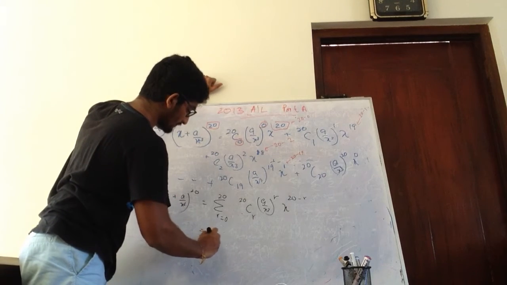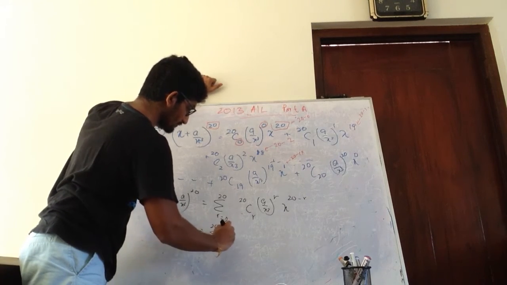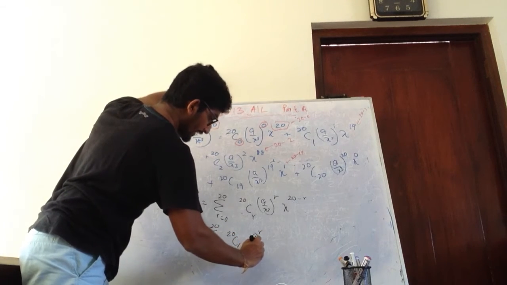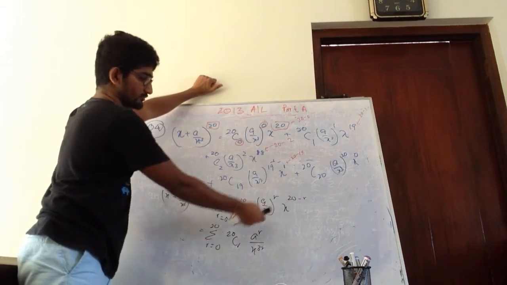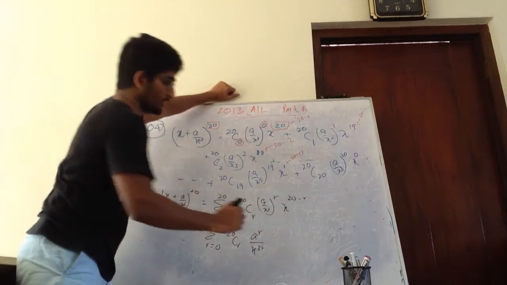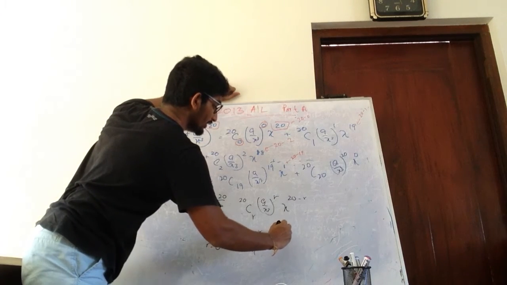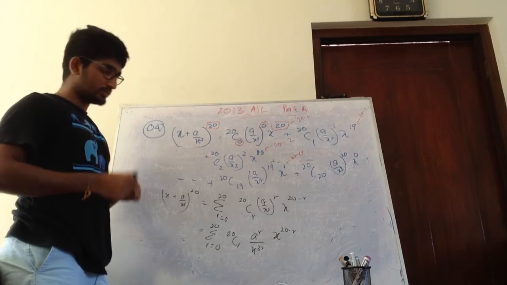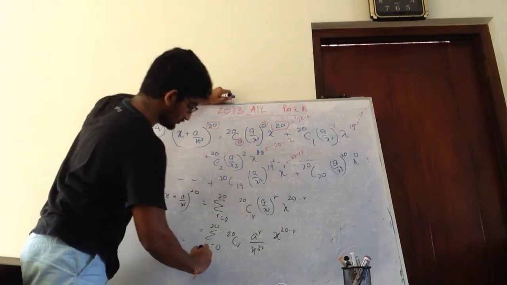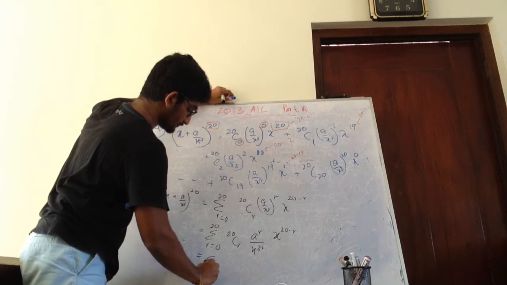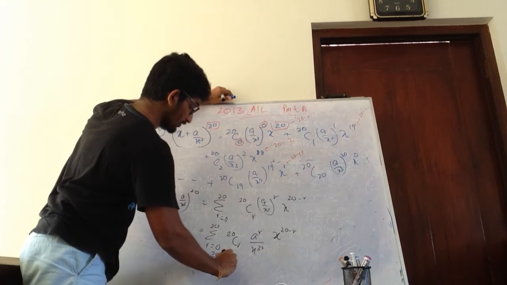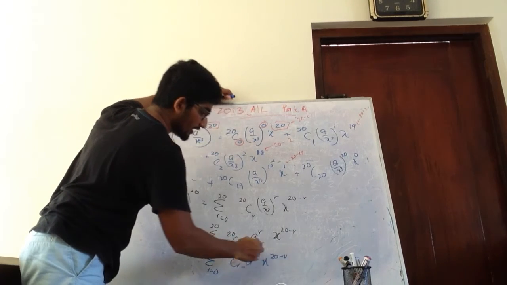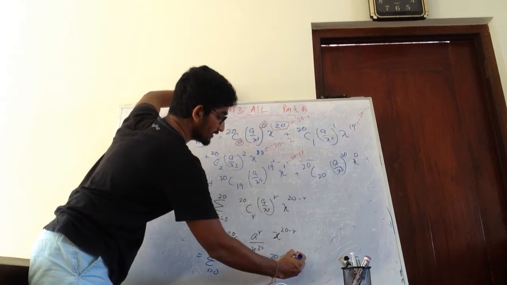So it is 20Cr a^r x^(-3r), and this becomes x^(20-r), correct? So we have 20Cr a^r, then x^(20-r), then when you take these 3r's, it will be minus 3r.